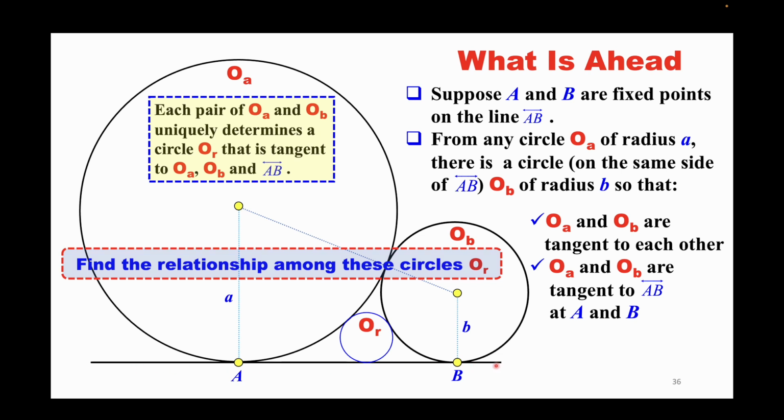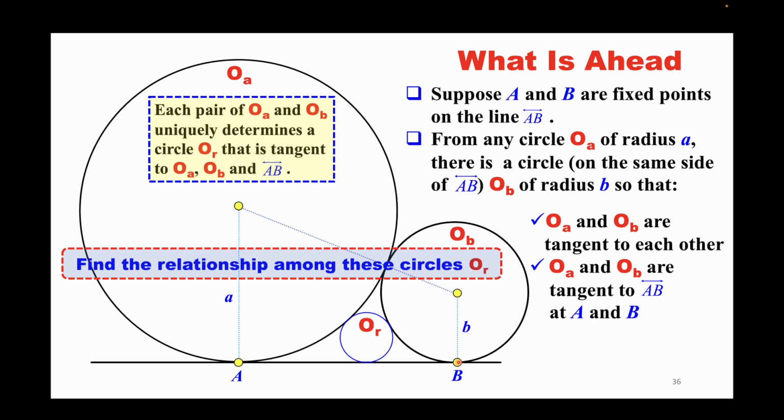Given a fixed line, with 2 fixed points A and B. From any circle OA of radius A, we can always construct uniquely a circle OB of radius B, so that circles OA and OB are tangent to each other externally, and OA is tangent to the fixed line at A, OB is tangent to the line at B. So this is a configuration.